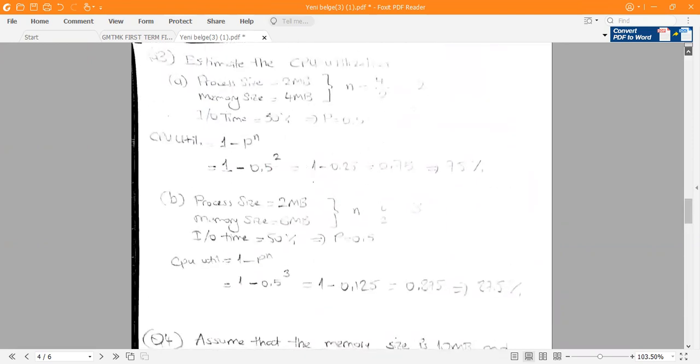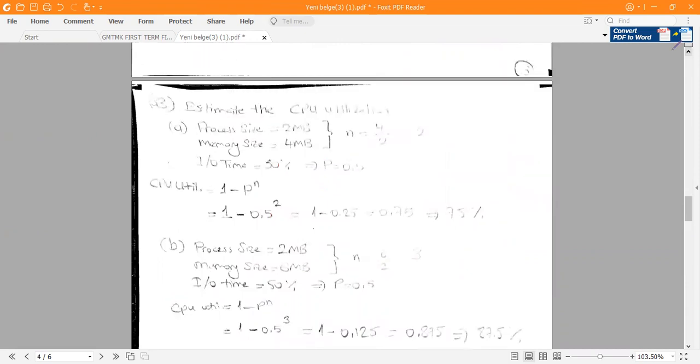Okay, another question, question 3 that I asked in the quiz: estimate the CPU utilization. The process size is 2 megabytes, memory size is 4 megabytes, and input output time is 50%.